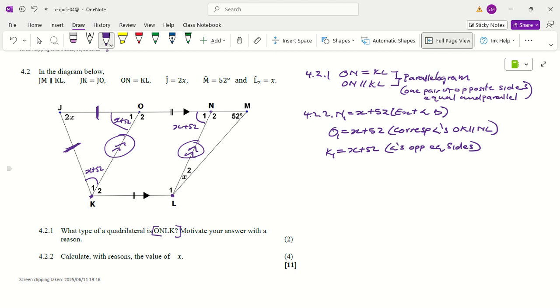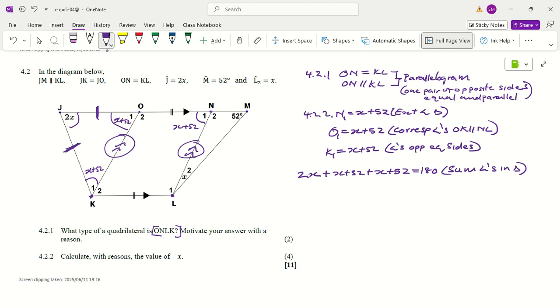Therefore, what I can do, I can take this 2x plus x plus 52, the first one, plus another x plus 52, is equal to 180. This is the sum of angles in a triangle. So now I have how many x?